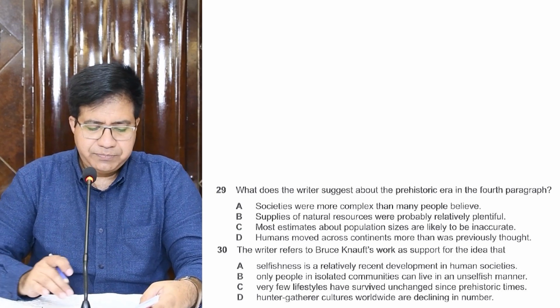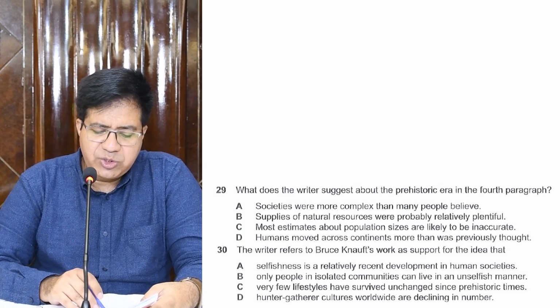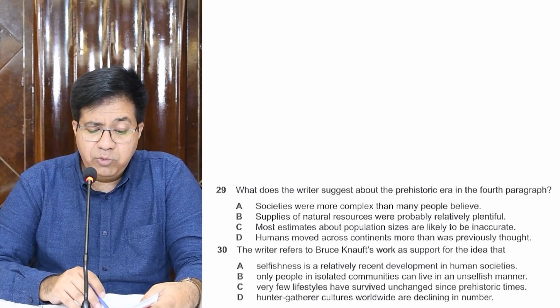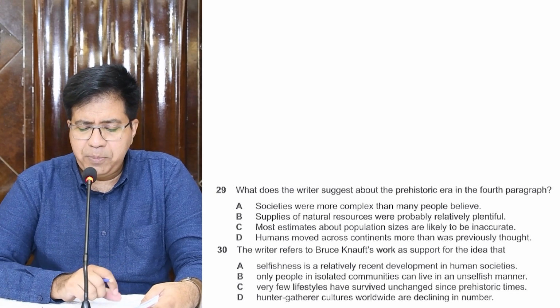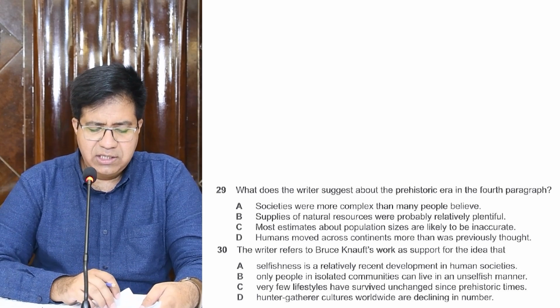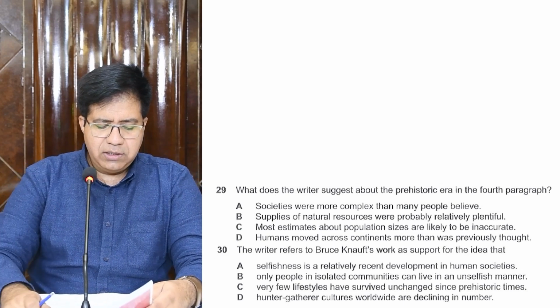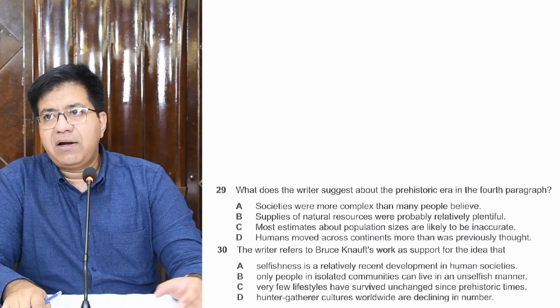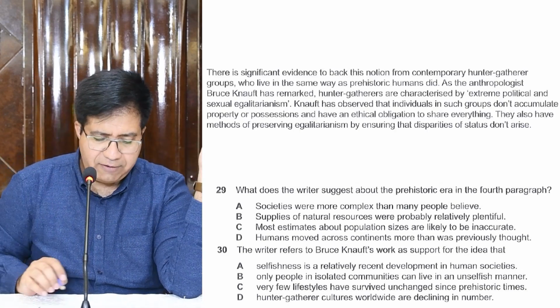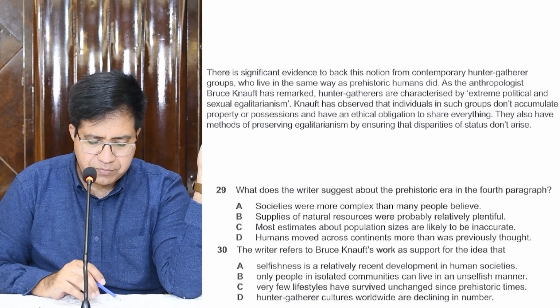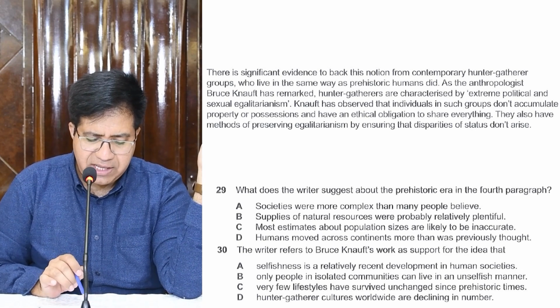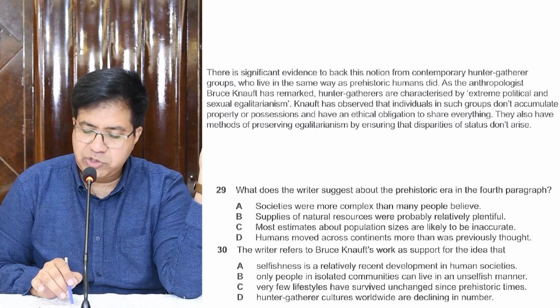Question number 30. The writer refers to Bruce Nauft's work as support for the idea that. Now we go back. Bruce Nauft is there in the last paragraph. I'm reading it from the second line after the full stop.